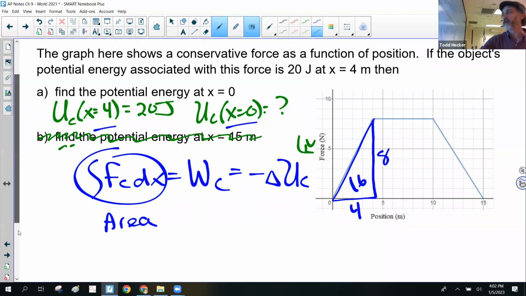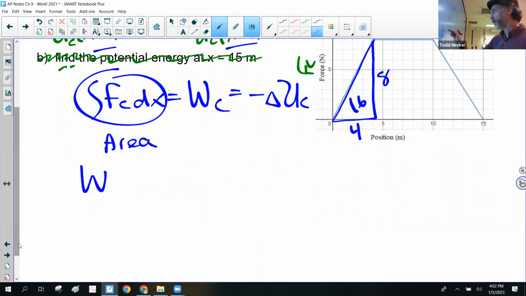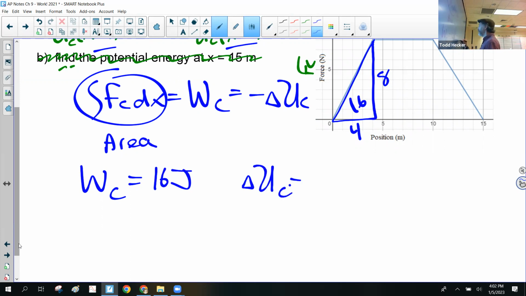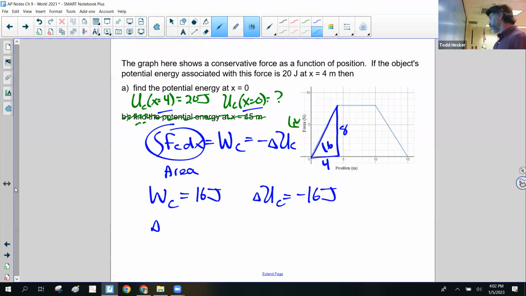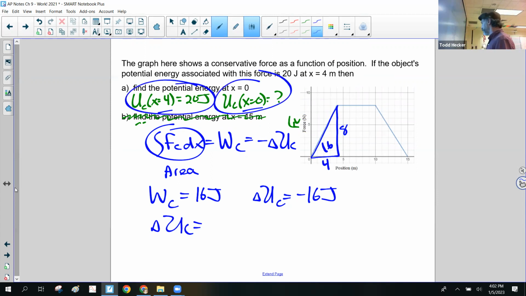So what we've just learned here is that the work done by my conservative force is 16 joules, which means that my change in potential energy is negative 16 joules, right? And I know that my change in potential energy is final minus initial. So U of 4 minus U of 0.